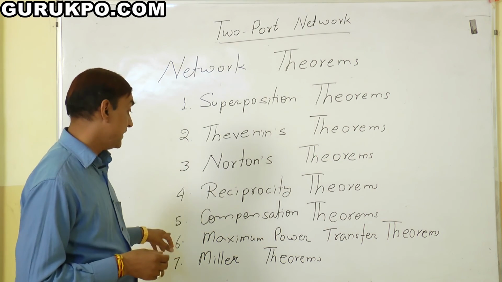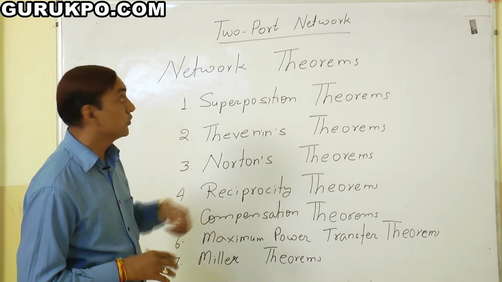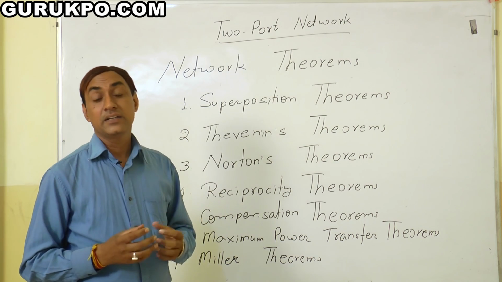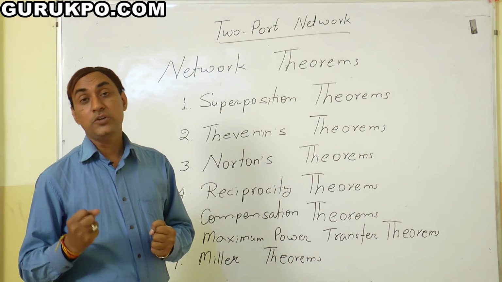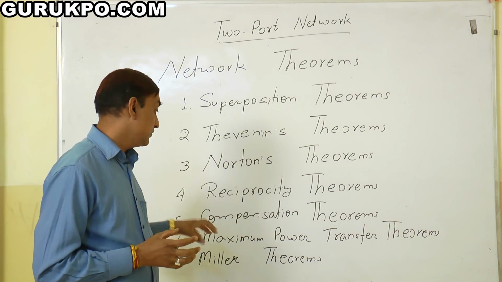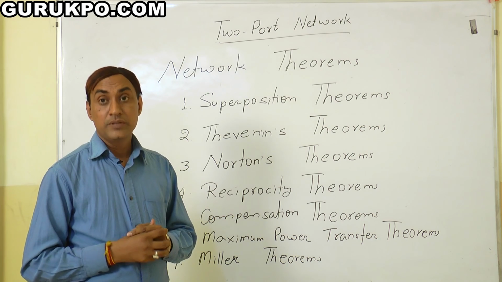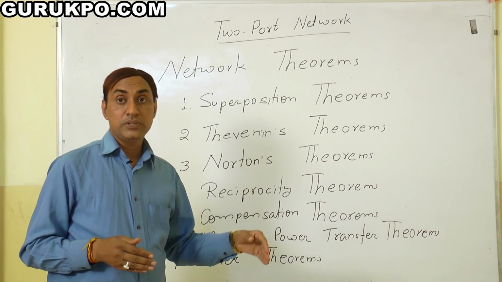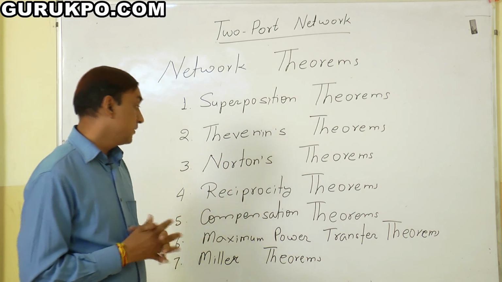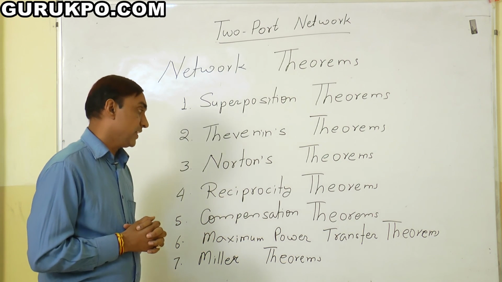That's why this theorem has come, the maximum power transfer theorem. This is also used in two-port networks. The maximum power transfer theorem is such that we get the maximum output from any network. In the maximum power transfer theorem, when load resistance and input resistance of any network are equal, we get the maximum power on the load. That's why we say maximum power transfer theorem.